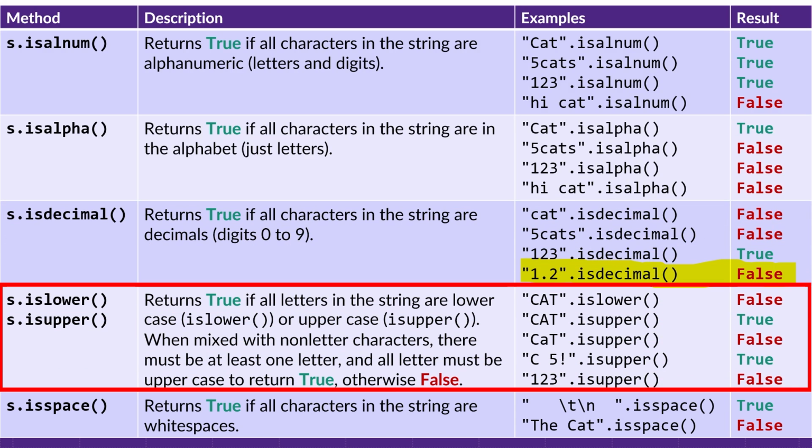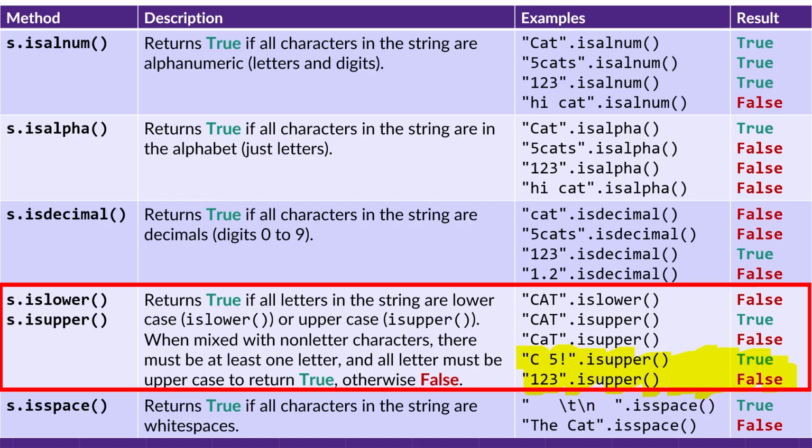The next methods are islower and isupper. And these do what you might expect. They return true if all the letters in a string are uppercase, for isupper, or true if all the letters in the string are lowercase, for islower. They do have a bit of a quirk, though, in that they don't count any spaces, symbols, or numbers, anything that's not a letter, so long as there's at least one correct letter in the string.